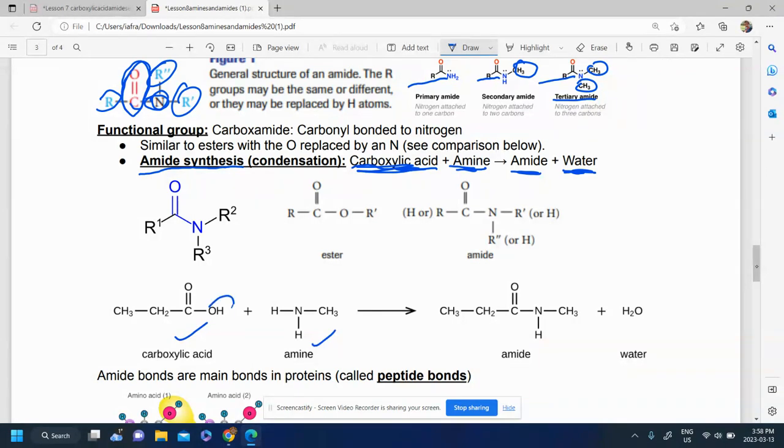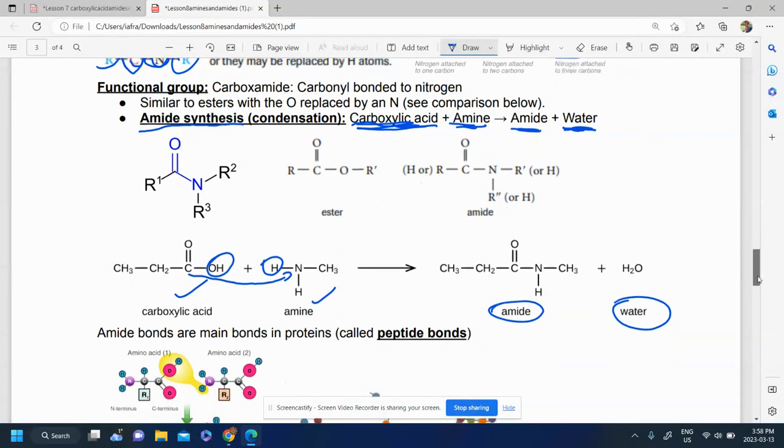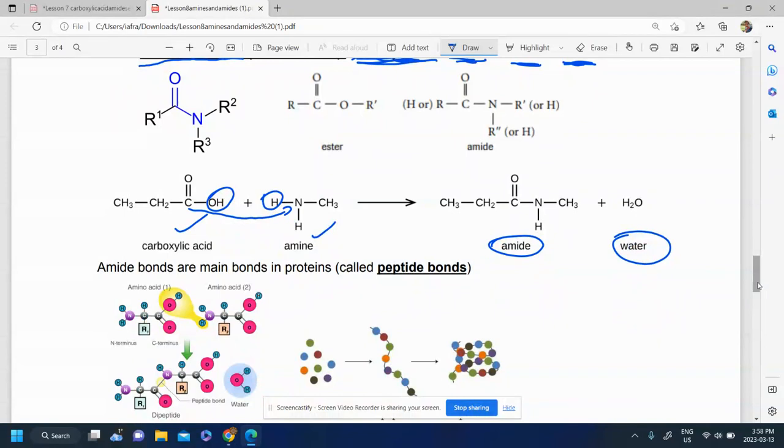The OH and the H are removed, and you connect the C to the N there, and you get your amide over here, and your water is released. And that bond that forms, where you have now linked the carboxylic acid to the amine to make the amide, that's called an amide bond. So an amide bond over here.